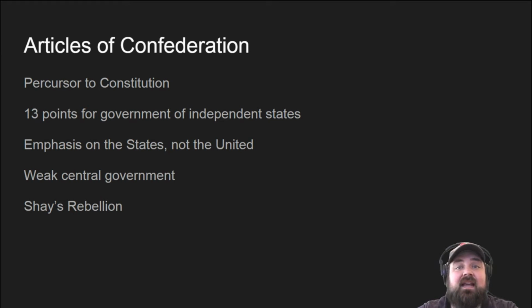That's going to be really important to understanding how this system worked. What the Articles of Confederation included were 13 particular rules or articles about how the United States of America were to function.